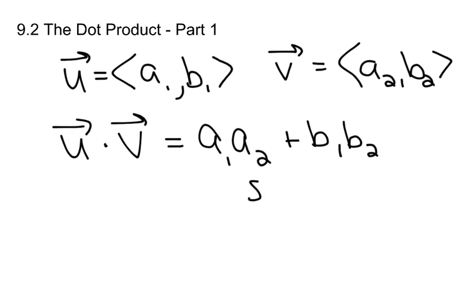Note that the answer you get is not a vector, it's a scalar. That means it's just a number as opposed to something with an i and a j in it.